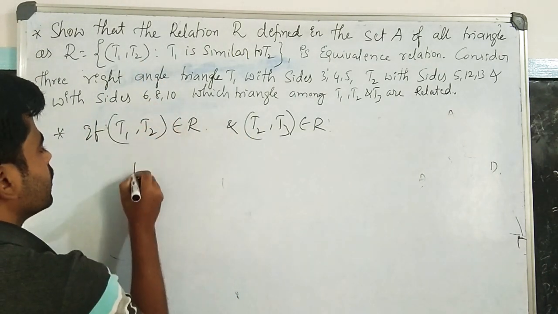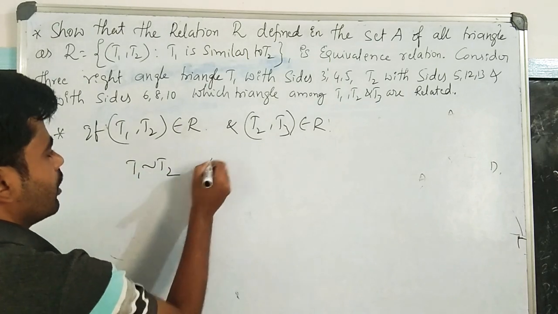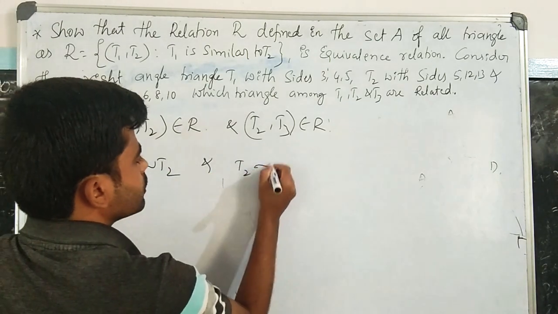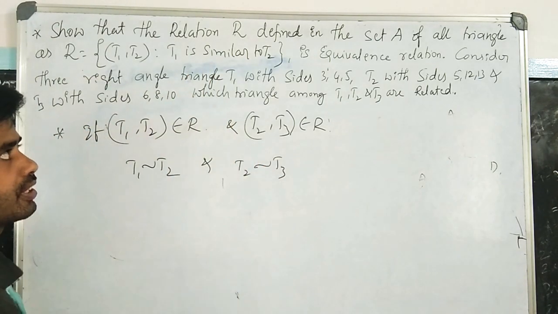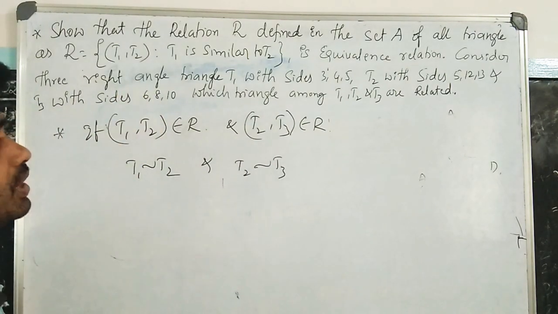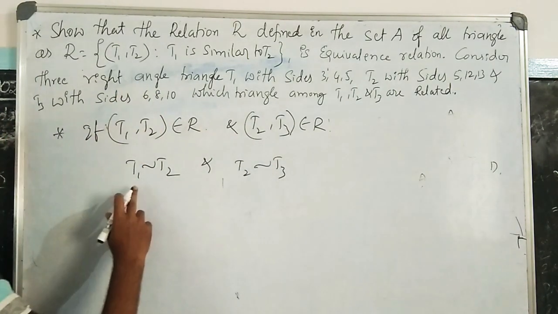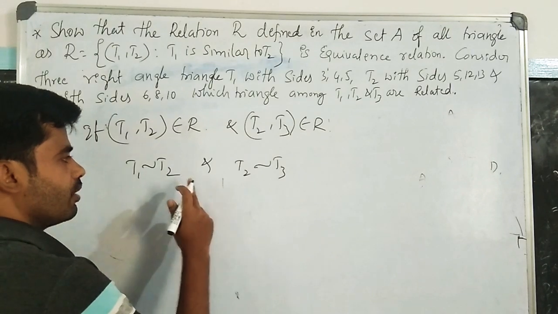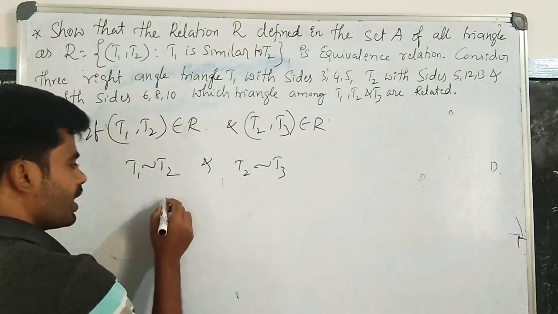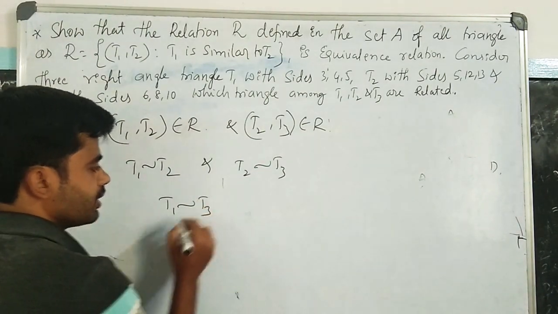T1 is similar to T2 and T2 is similar to T3, according to the definition of the relation. Now T1 is similar to T2 and T2 is similar to T3. Can we say T1 is similar to T3?